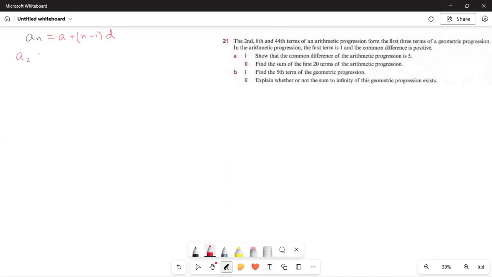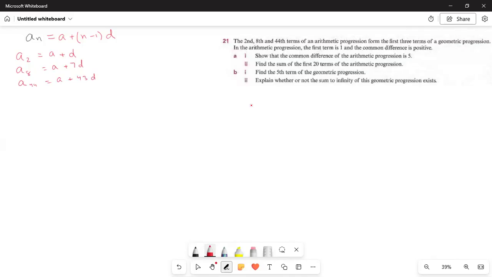Second term is going to be a plus 2 minus 1 into d, and the eighth term, a8, is going to be a plus 7d. And similarly, the 44th is a plus 43d, right?